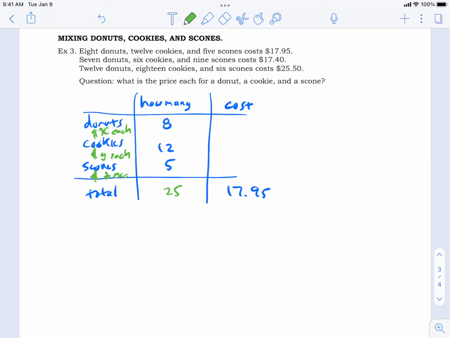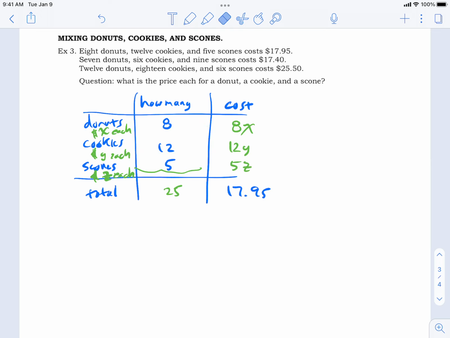So I usually put that information over here: X dollars each, Y dollars each, Z dollars each. But it shows up in the middle of our table here, because 8 donuts at X dollars each is going to cost you 8X dollars. 12 cookies at Y dollars each is going to cost you 12Y dollars. 5 scones at Z dollars each is going to cost you 5Z dollars.